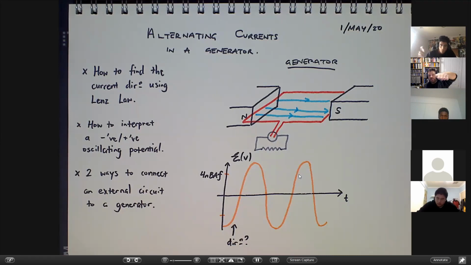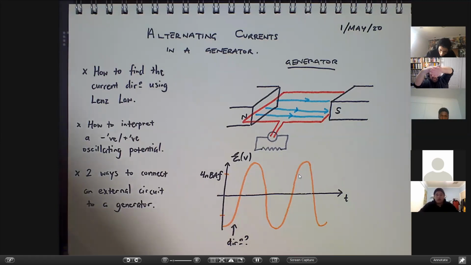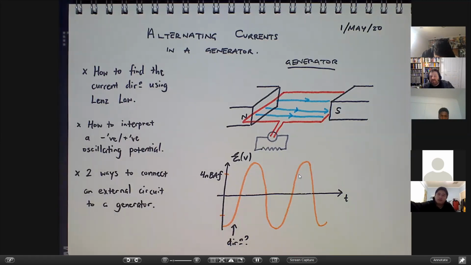So if you're trying to rotate something this way, Lenz's law will come in and push you back and fight you all the way. That's when you think of it in terms of forces. In terms of flux, if you're trying to reduce the amount of flux moving through a loop, Lenz's law is going to try and increase that flux. If you're trying to increase the flux, Lenz's law is going to try and decrease that flux. Okay, so Lenz's law is always going to fight you.